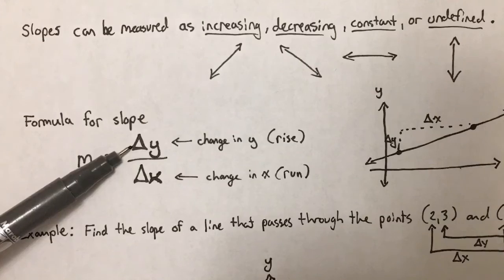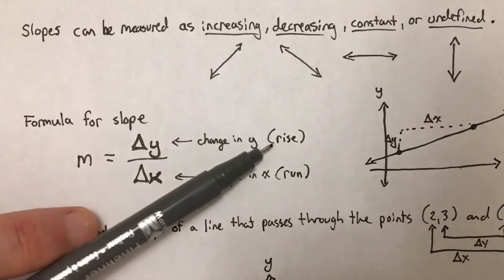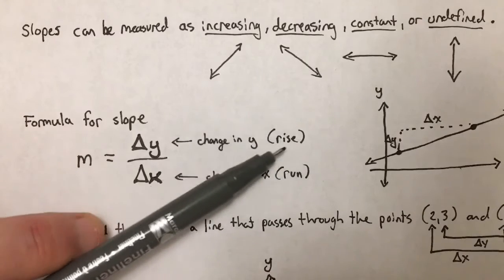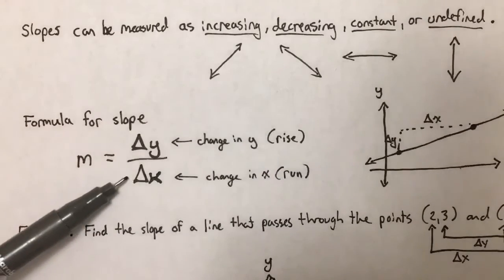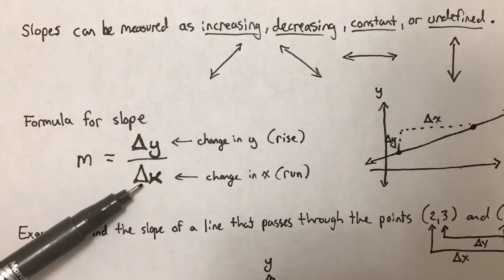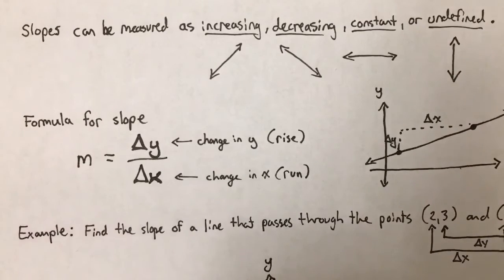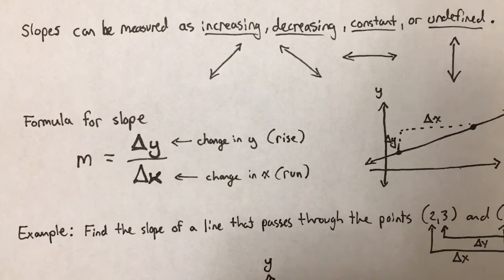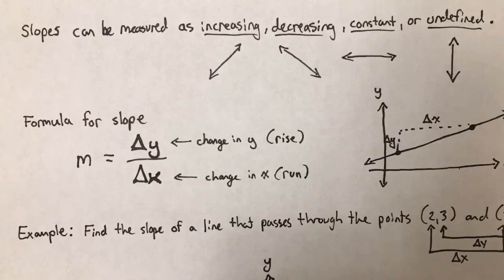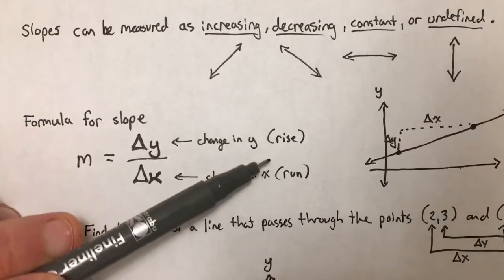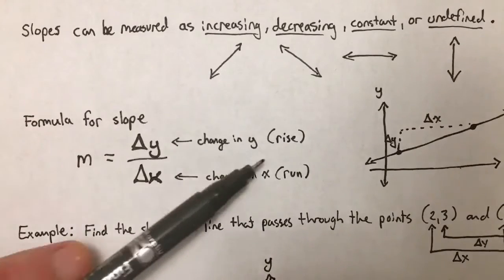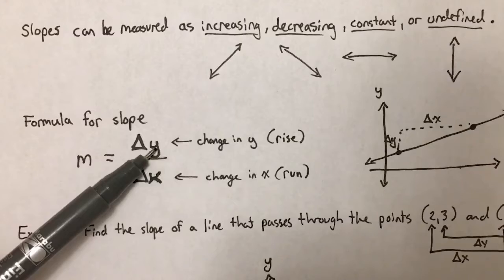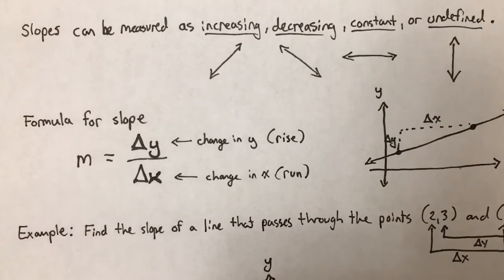The top measurement is going to be the change in our y-coordinates, that's also known as our rise. And then we divide that by the change in our x-coordinates, which is also known as our run. So another term you may use periodically for calculating slope is the ratio rise to run, or rise over run. Just know that they're referring to the change in y divided by the change in x.